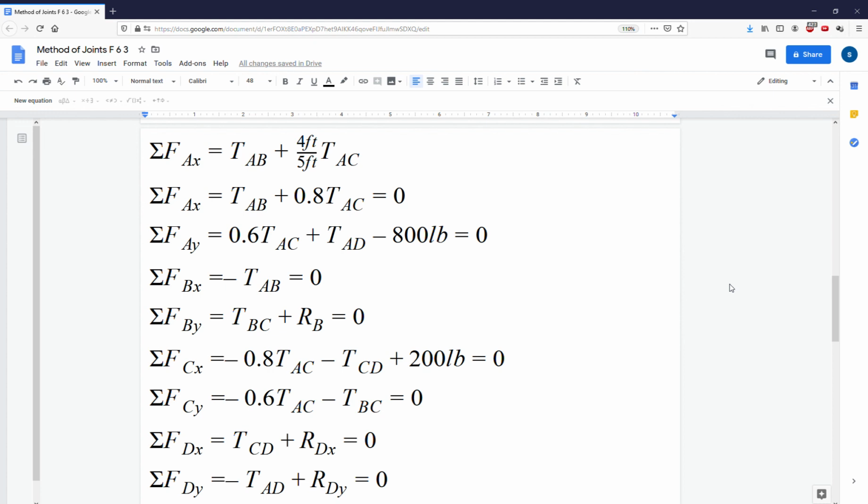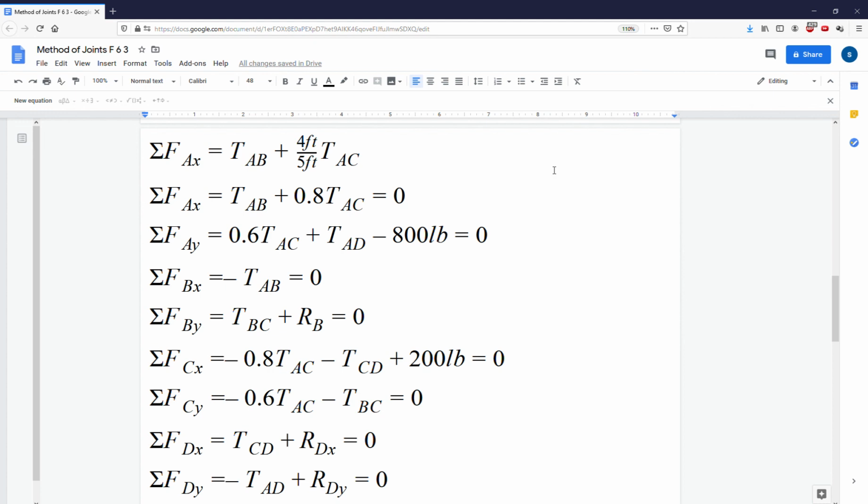To find the horizontal component of tension AC, we need to use the horizontal displacement of 4 feet divided by the total displacement of 5 feet, giving a coefficient of 0.8. In the future, I will not be doing this calculation, instead just giving the coefficient. So the sum of forces on joint A in the x direction is TAB plus 0.8 TAC.